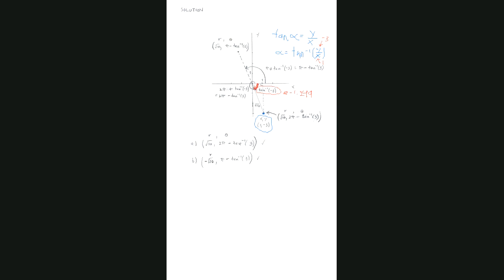Why can't we say that our polar coordinate is √10, arctangent of -3? Why would WebAssign not accept that answer for this particular part A? I mean, it is a legitimate polar coordinate.